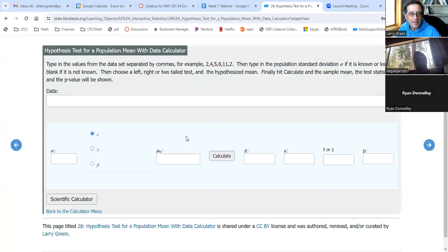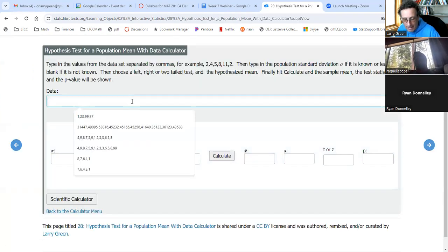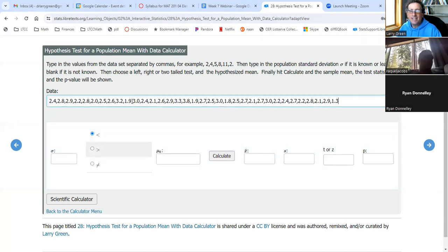So I click on that. And then I copied, and I'm going to paste the data in. It would take a while to type them all in, so I didn't want to bother. And here, we don't know sigma, so leave that blank. It does say if the population standard deviation is known, or leave it blank if it's not known.